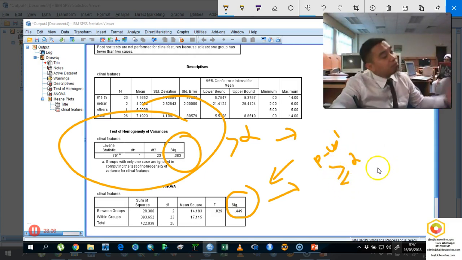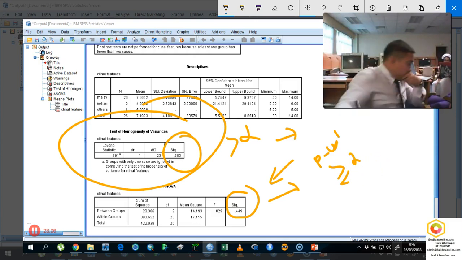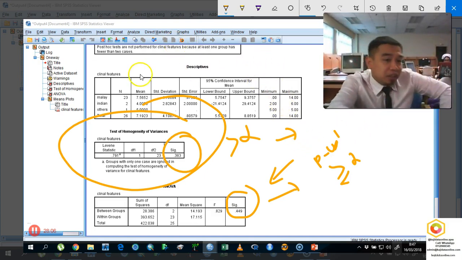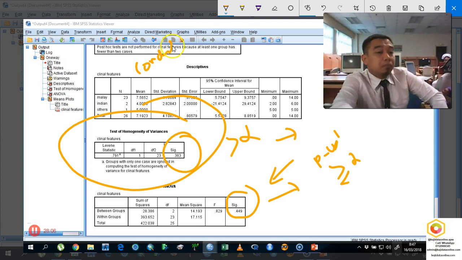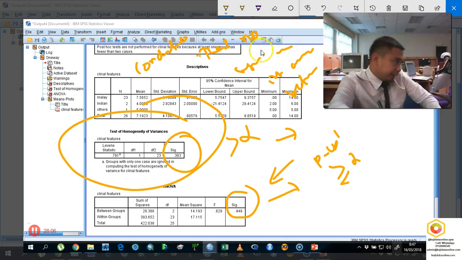More than alpha. If more than alpha, reject or fail to reject your null hypothesis? Fail to reject the null hypothesis, and therefore what is your conclusion then? There is no significant difference in terms of the awareness level between races.